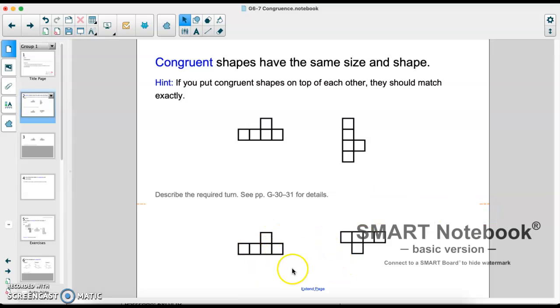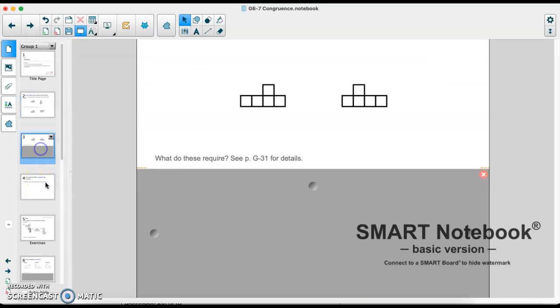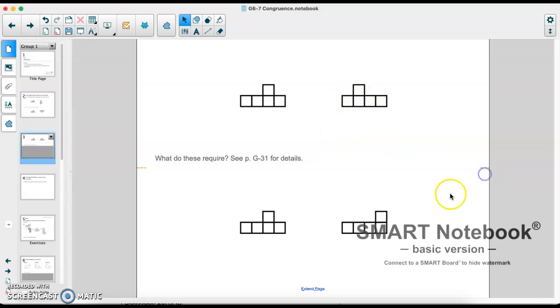So you'd have to rotate this one a little bit counterclockwise. This one would need a full half turn so that it fits, but they are congruent. This one you have to flip over, but again, congruent shapes.